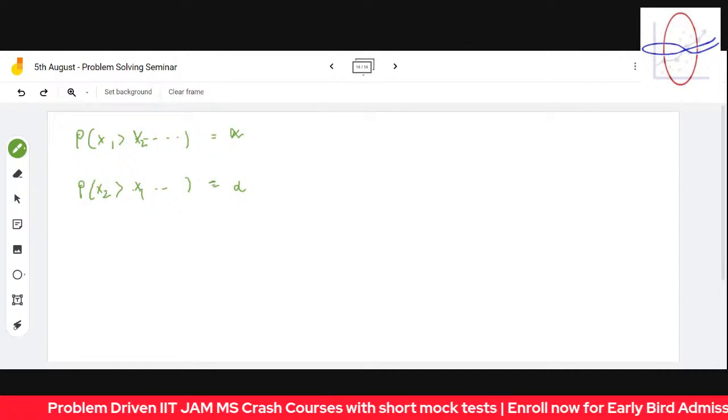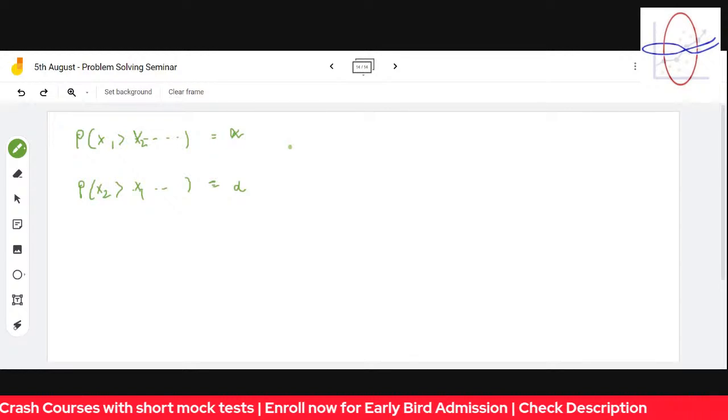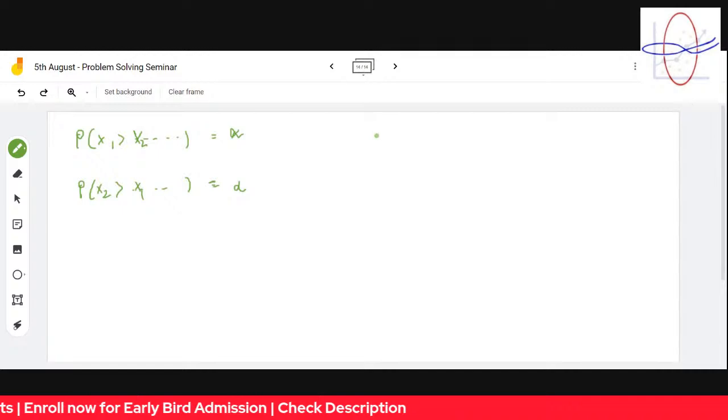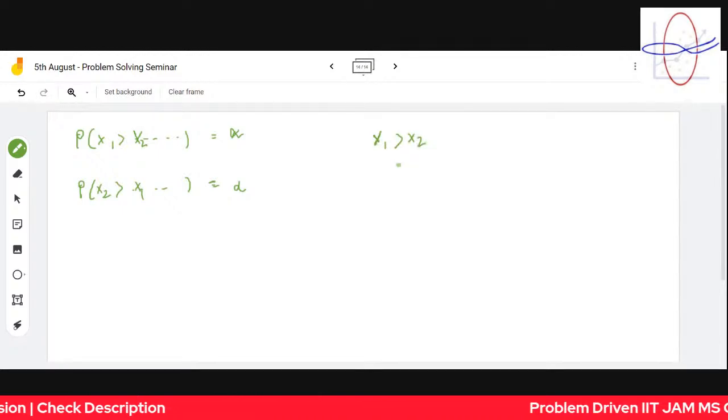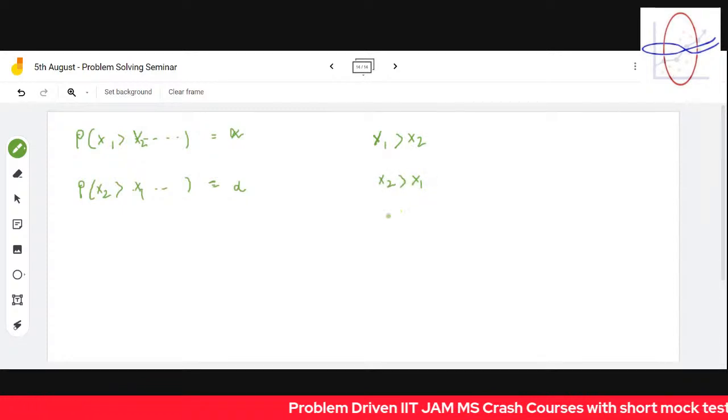So when can you say two random variables are interchangeable? When they're IID. Understand this: x1 greater than x2 is the same as x2 greater than x1, and is also the same as x3 greater than x5.